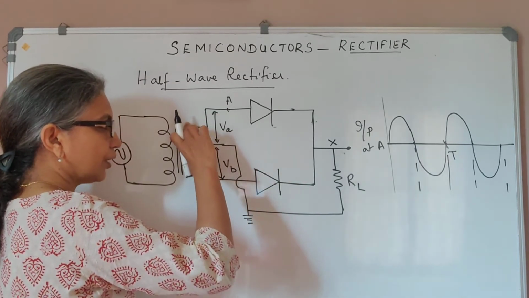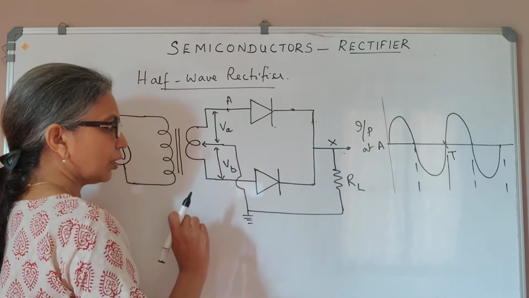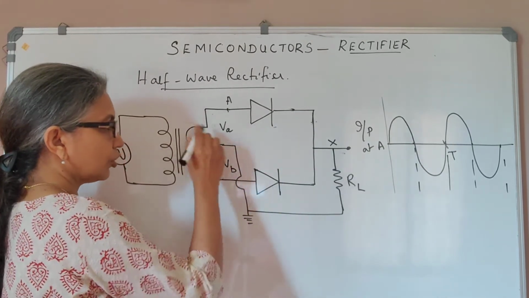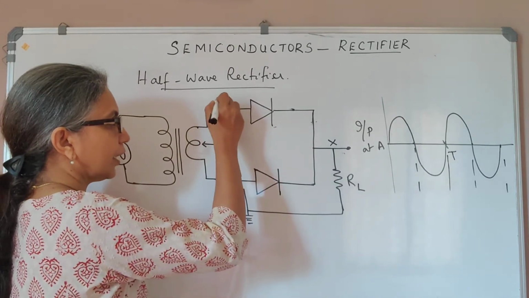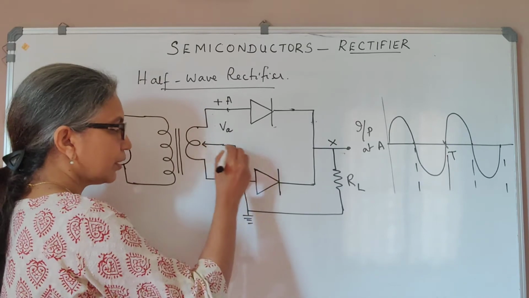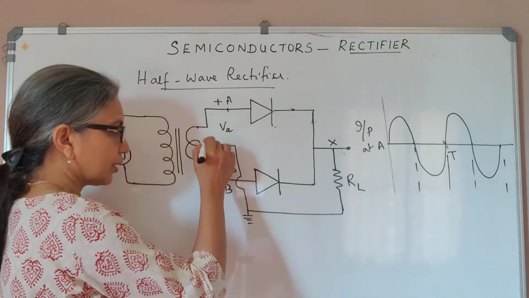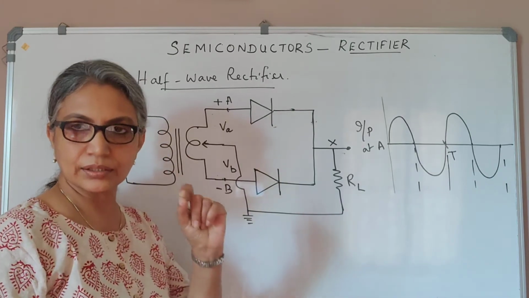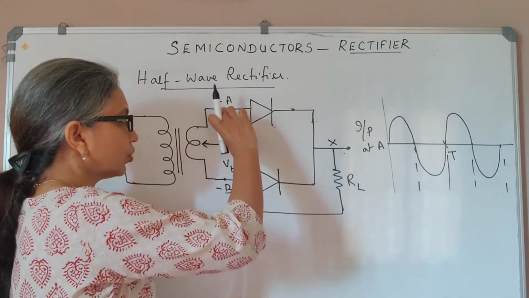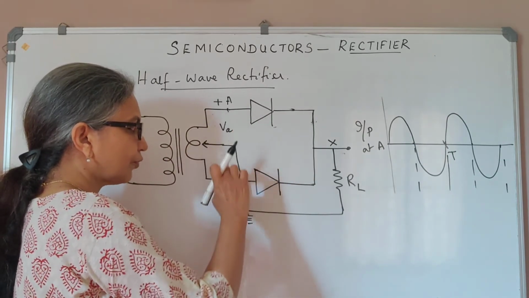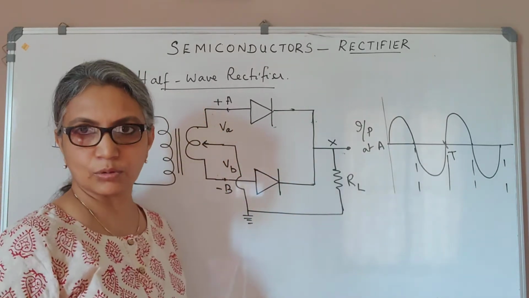The total voltage V will be VA plus VB, where, let's say during the positive half cycle, end A is positive and end B is negative, right? And because the center tap, which is just a wire connected to the exact center of the secondary winding, is grounded, the total voltage is divided into two equal halves, such that VA plus VB gives you the total voltage.